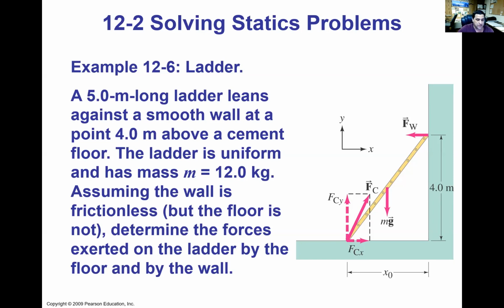If I sum my torques about FC, about this point, then I only have two things to deal with because the X and the Y reaction forces' lever arms are going to be 0. So I'm going to sum my torques about this point here. This is what I was saying about how it takes a little bit of practice, seeing a couple of these problems, to recognize a good spot to sum your torques about.